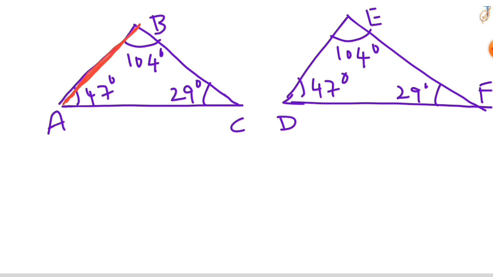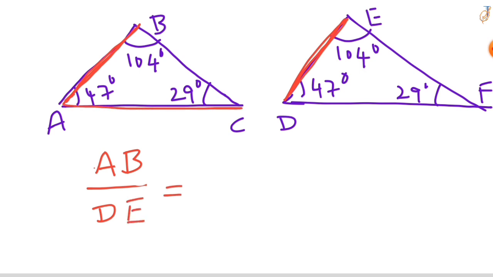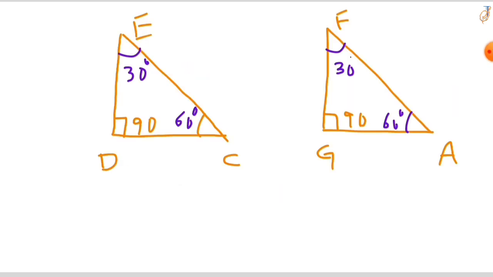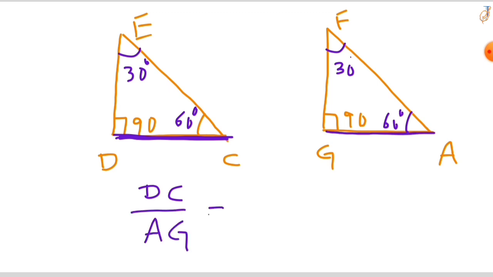So AB over DE is equal to AC over DF, which is equal to BC over EF. According to the angle theorem, the ratio of the sides is going to be the same. So DC over AG is equal to DE over GF.